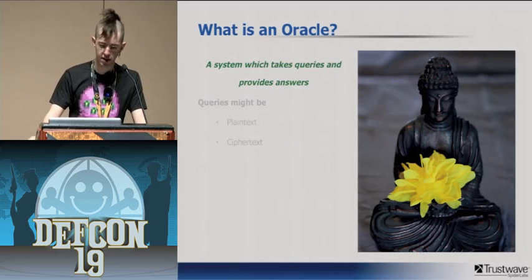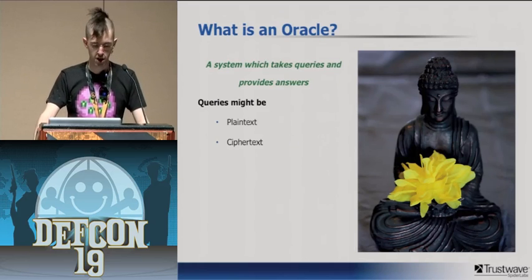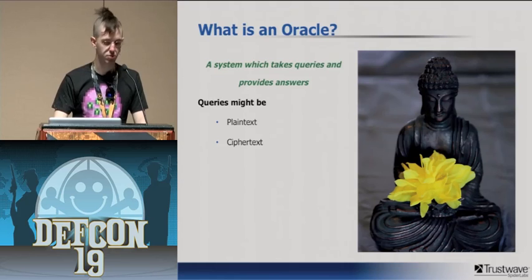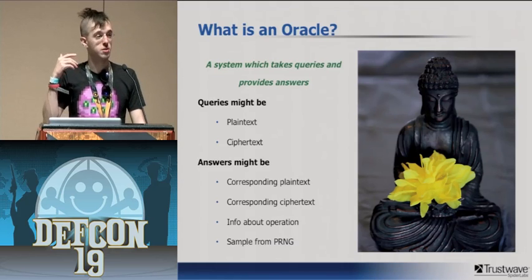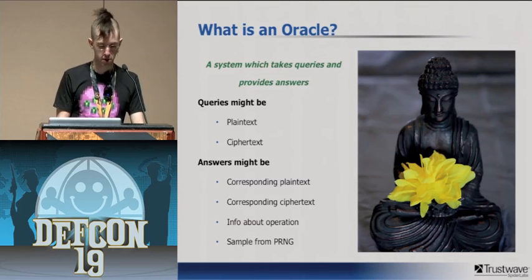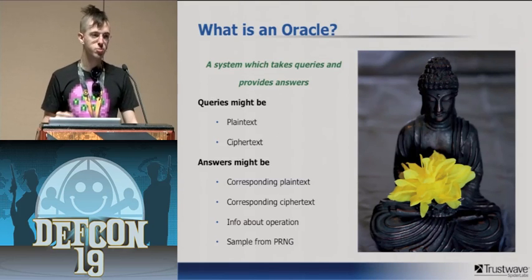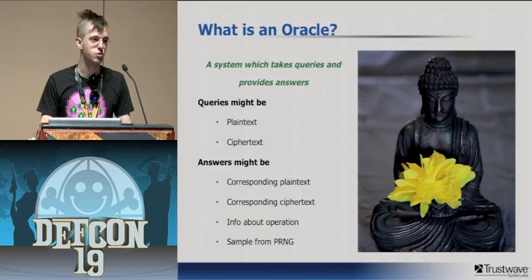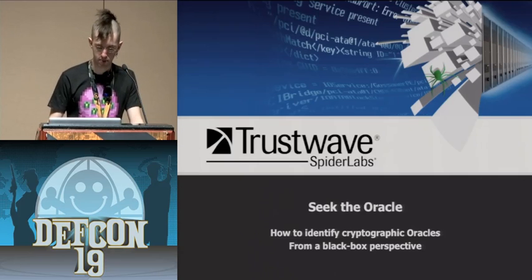In the sense of cryptography, we're talking about taking in plain text or ciphertext and then usually encrypting or decrypting and leaking something about that operation, whether that's the corresponding plain text to an input ciphertext, the ciphertext to an input plain text, info about the operation, maybe success or failure, or maybe simply a sample from a pseudo-random number generator or a random number generator, which is referred to as a random oracle. We're not really talking about that, but I thought I'd mention it.